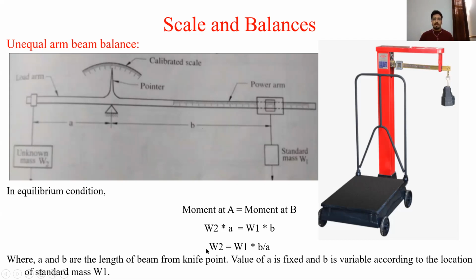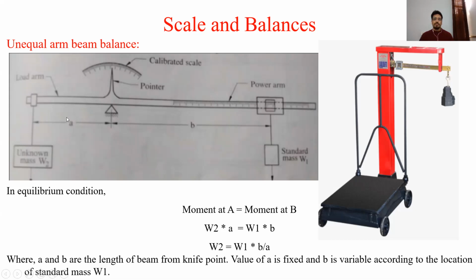So the unknown mass W2 equals W1 into B by A. If you see, this standard mass will remain the same, so W1 is constant. B is the distance of this standard mass from the fulcrum, and A is fixed, the distance of the unknown mass from the fulcrum.